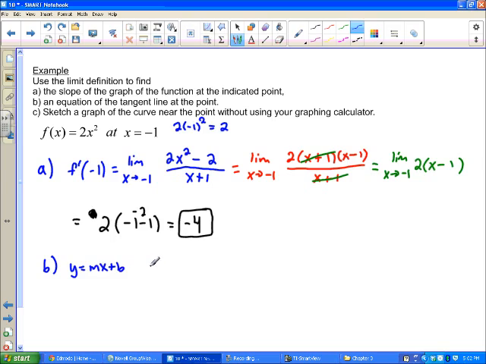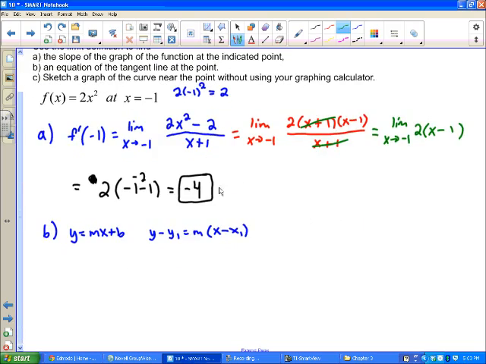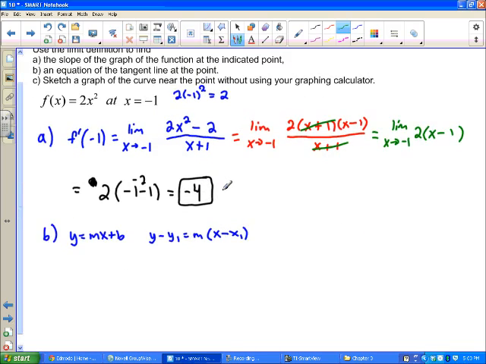Now, a common way, especially starting in pre-calc, that we like to find the equation of a line is using the point-slope formula, which is this. Okay, so we know from part A that our slope is -4. So what we need to do is figure out a point that we can plug in so that we can fill in the rest of this problem.